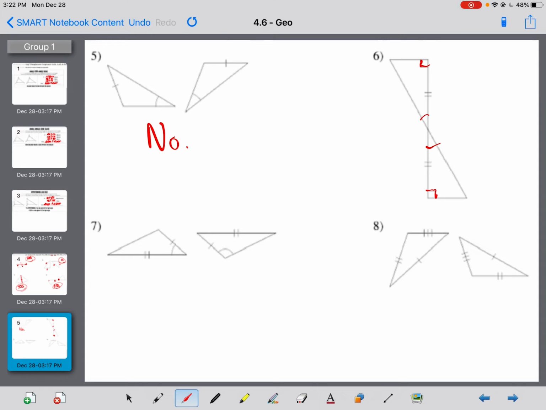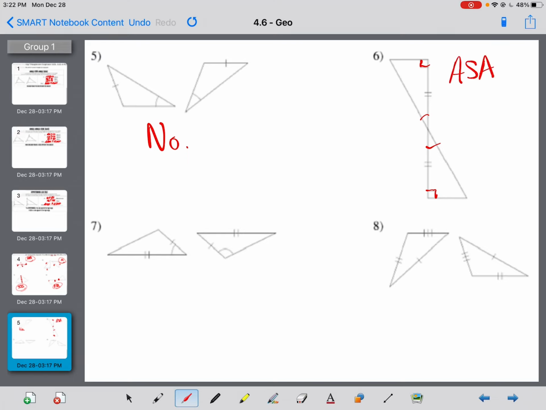Number 6, this and that. This means it could be a hypotenuse and a leg. Do we have a hypotenuse and a leg? Well, let's see. Those angles are the same. Those angles are the same. We got a 90, we got a side, we got a 90.